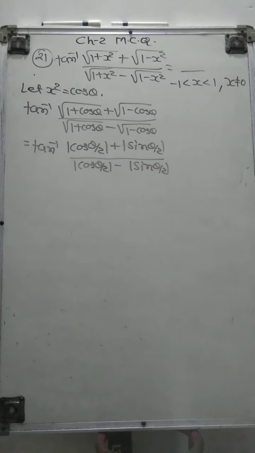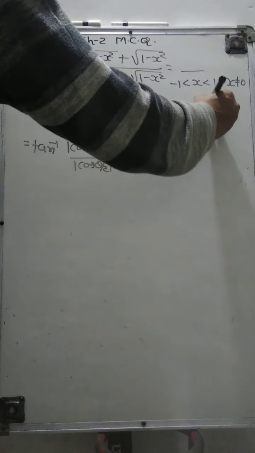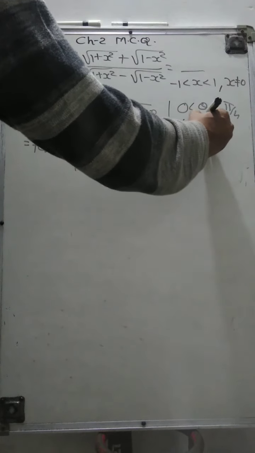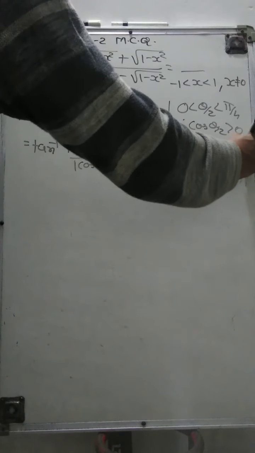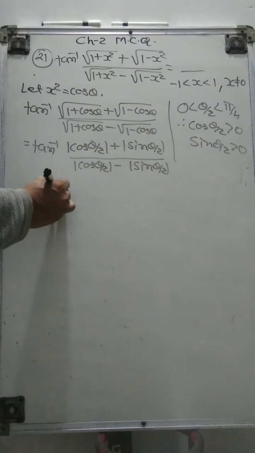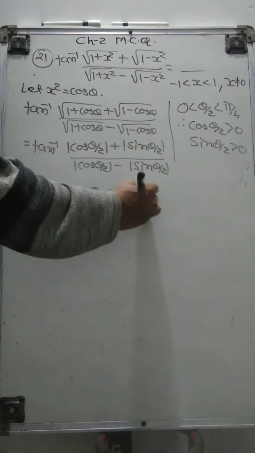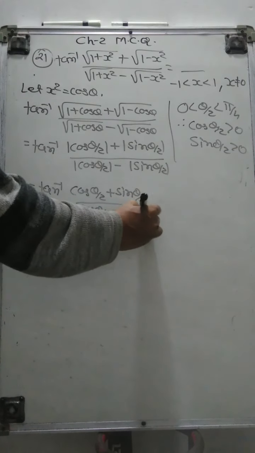But when we take theta by 2, it is between 0 and pi by 4. Therefore cos theta by 2 is greater than 0 and sin theta by 2 is also greater than 0. Therefore we have tan inverse cos theta by 2 plus sin theta by 2 upon cos theta by 2 minus sin theta by 2.